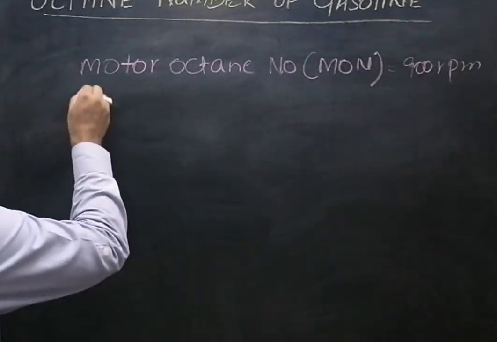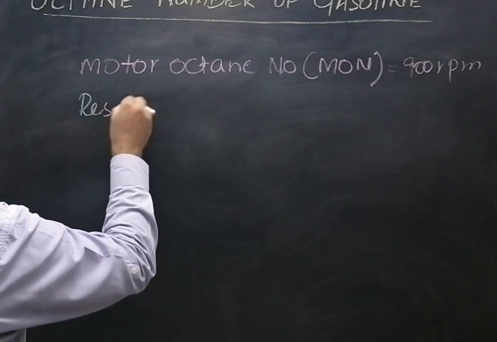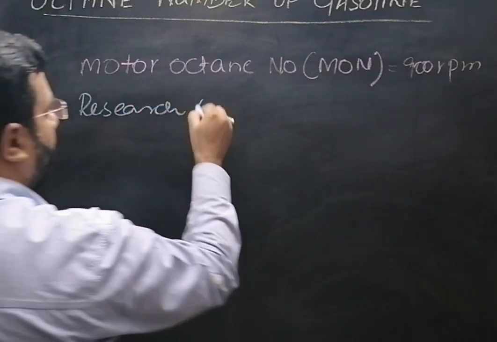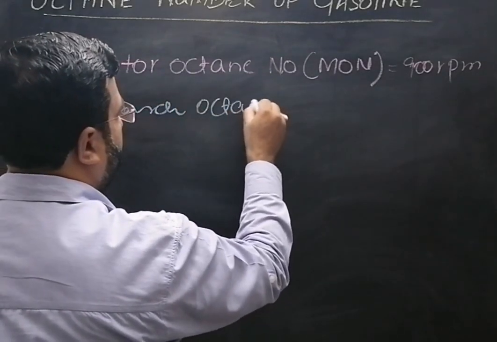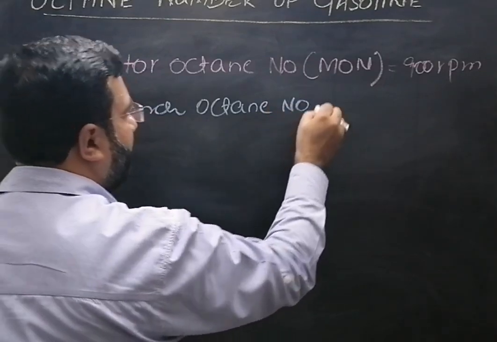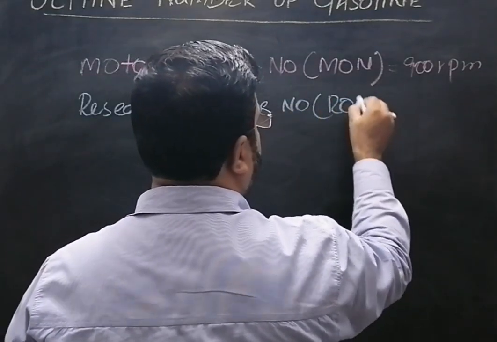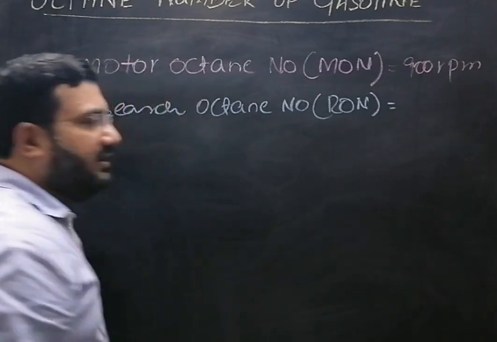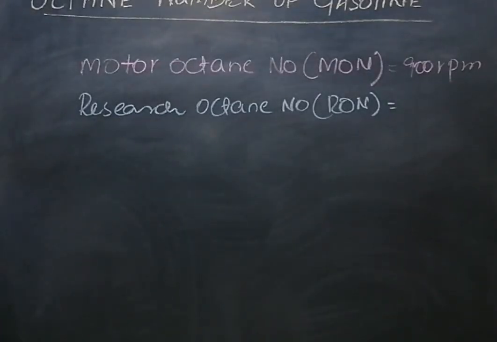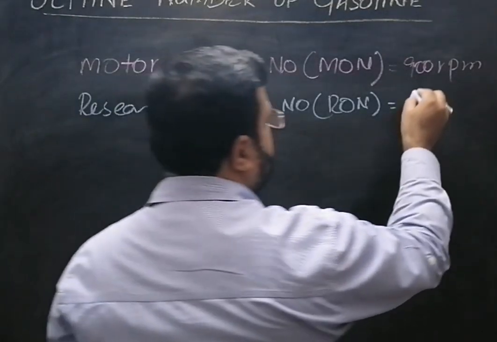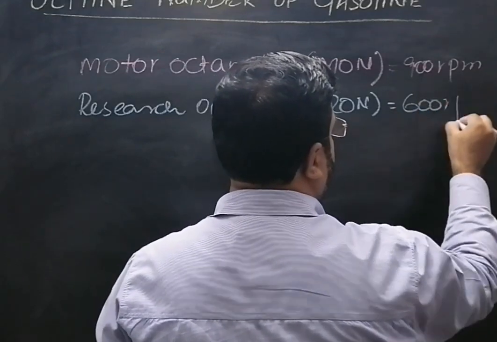And the second one is the research octane number. Research octane number is RON, and it is the octane number of the fuel which is determined when the engine is running at 600 RPM.